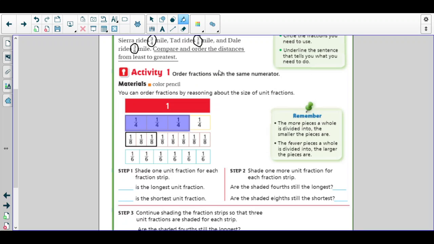Get that one filled in. And 3/6. And let's see, we'll go with what color here shall we go with? How about orange? Right there.